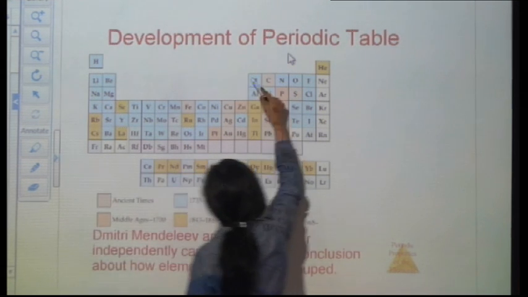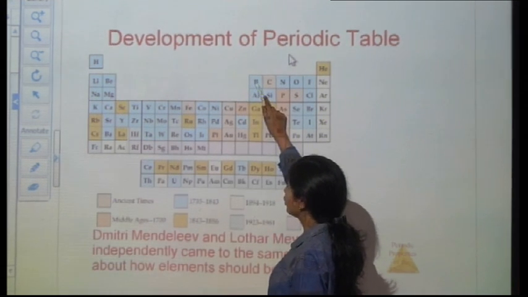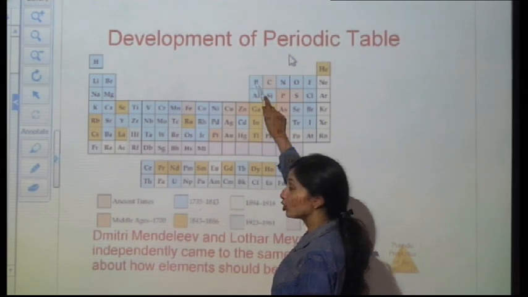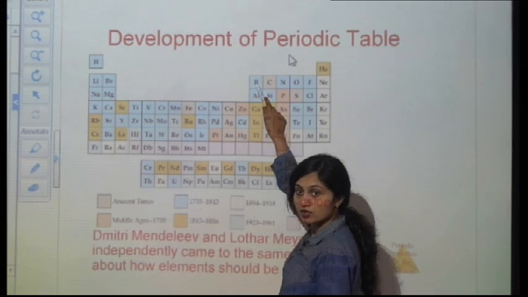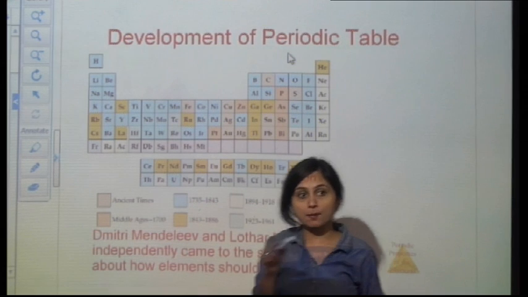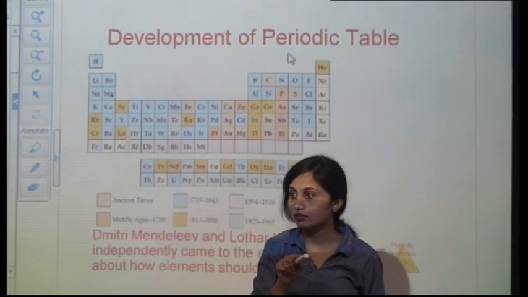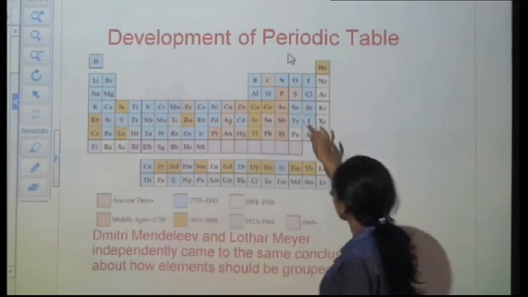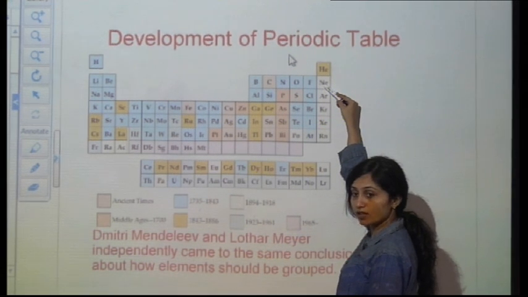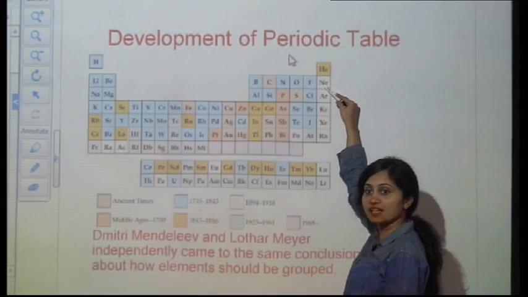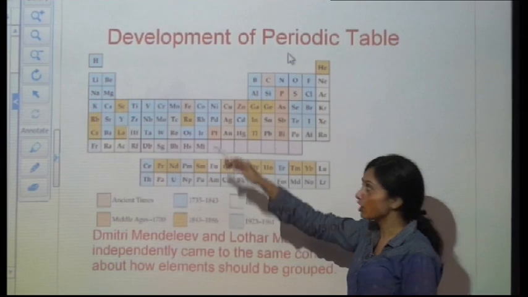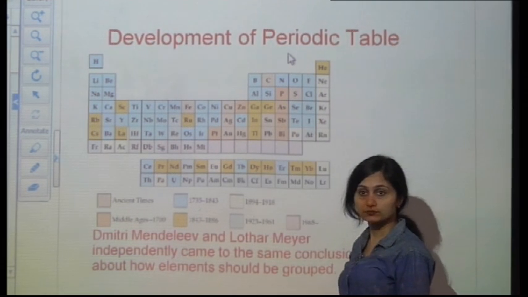Now this will be 1s2 2s2 2p1. It's still 2, but the subshells of 2 are getting filled. Clear with that? And similarly the last one is 1s2 2s2 2p6, fully filled. So this is your second period.